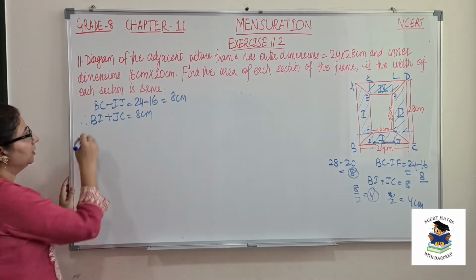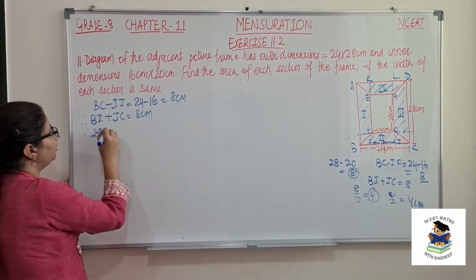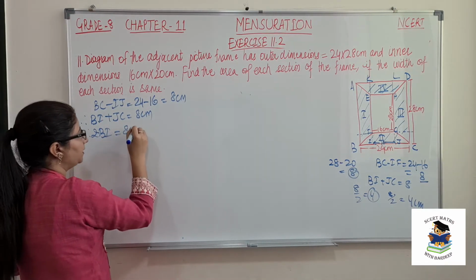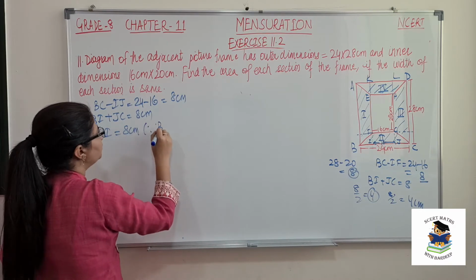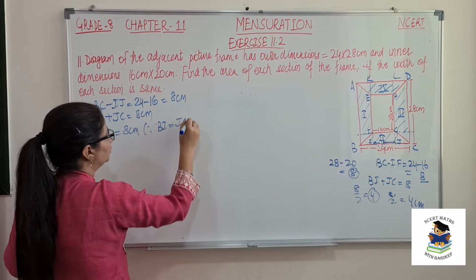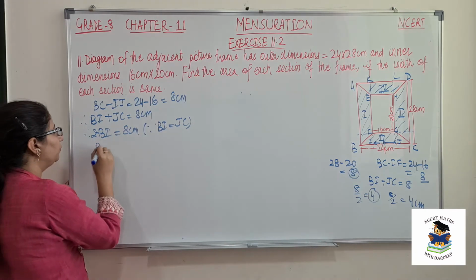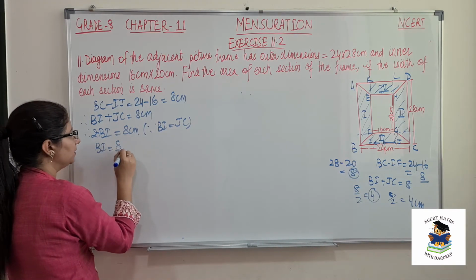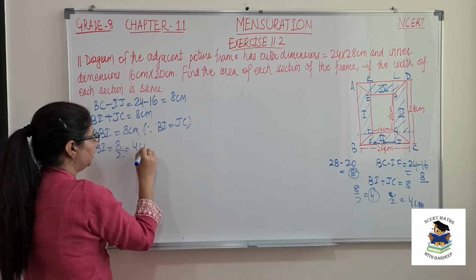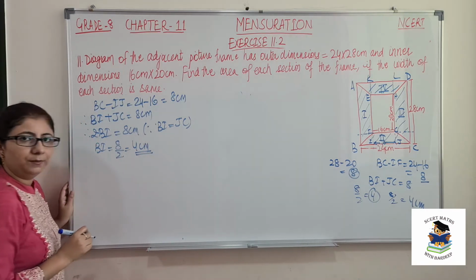Both are equal. Therefore, 2 times BI is equal to 8 centimeter because BI equals JC. So, therefore, what is BI? This is 8 by 2, that is 4 centimeter.